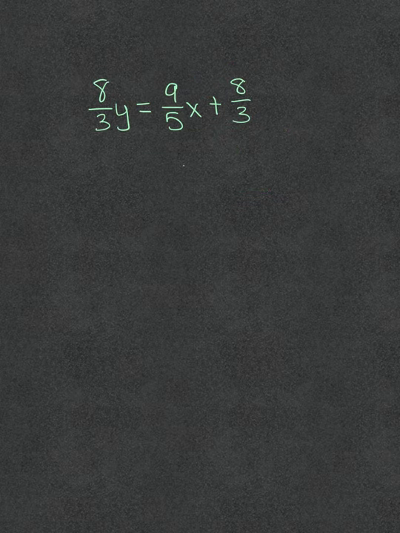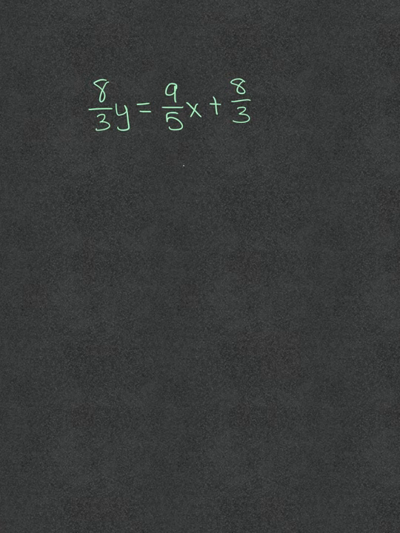Okay, last one I'm going to do with you, but I wanted you to see that when you see fractions pop up on this, you don't have to freak out. You probably don't even need a calculator. All you have to do is move things around. We're not asking you to solve anything on this. So I have 8/3 y equals 9/5 x plus 8/3.